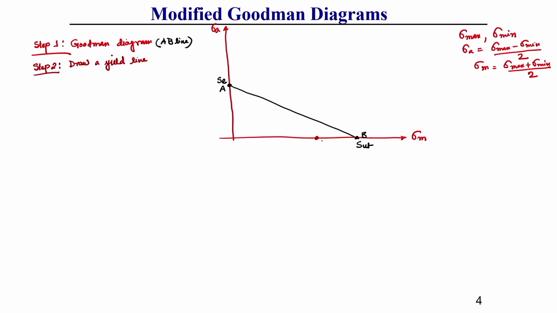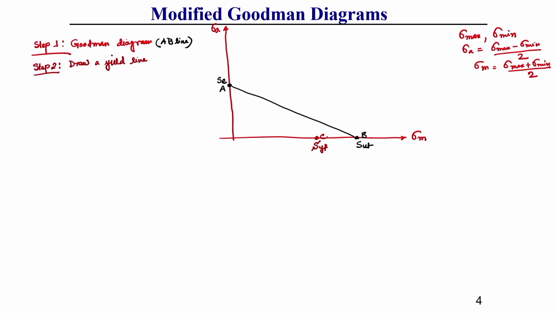both the axis yield stress value. I am drawing in abscissa the yield point as S y t. Let us consider this point is represented by C. Let this be the C point.